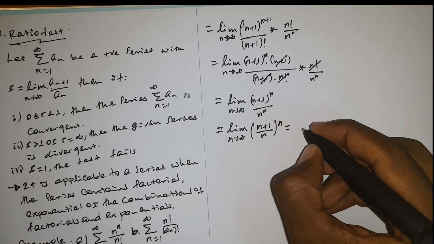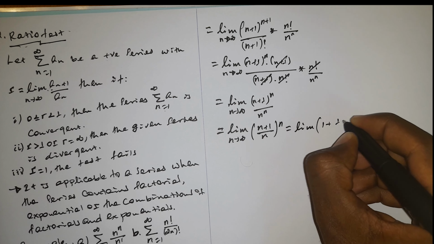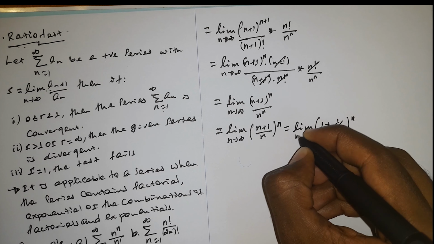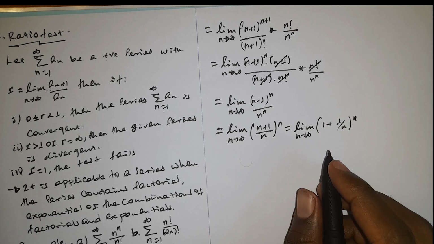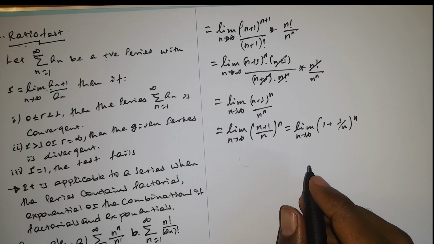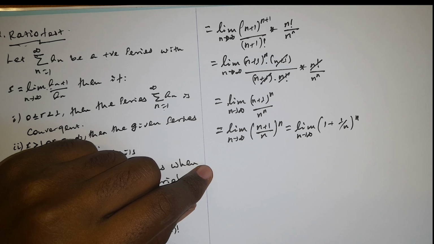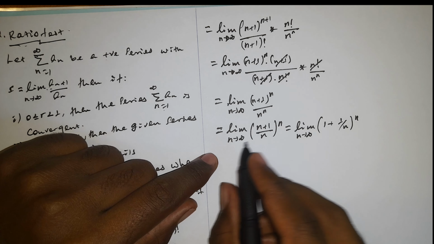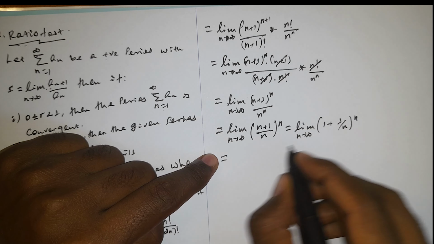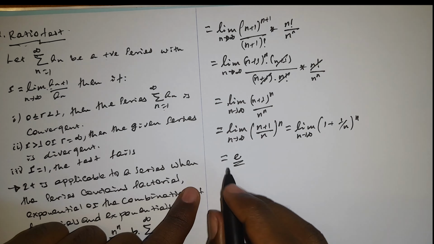This is equal with limit of 1 plus 1 over n raised to n as n goes to infinity. Here we come to the important limit theorem that helps us solve limits, which we saw in the previous video; you can check it again. Which is equal to e. The result is e.